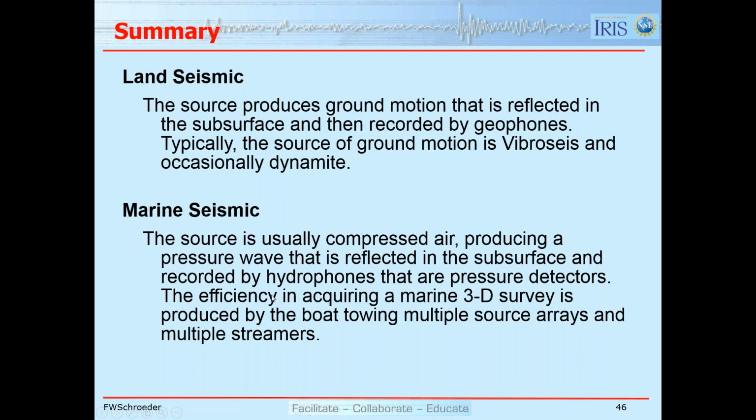There's a lot of efficiency in acquiring a marine 3D survey, and that's acquired by boats that tow more than one source array. Most of the time it's 2 or 3 source arrays, and they tow multiple streamers.